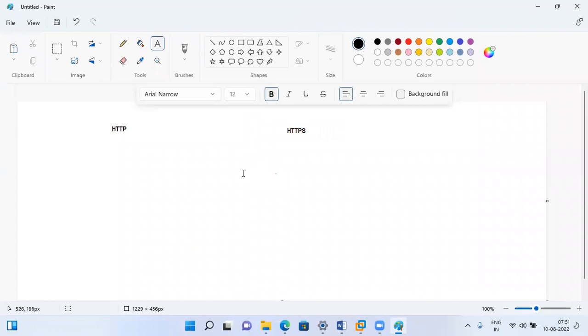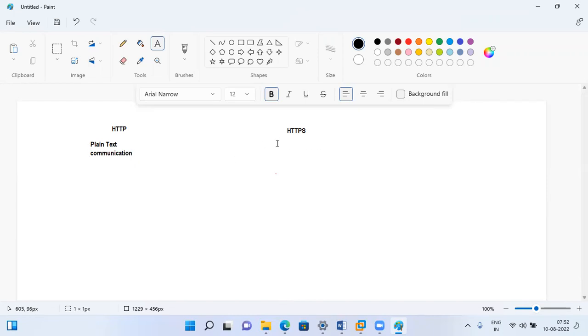In case of HTTP communication, it is plain text communication.